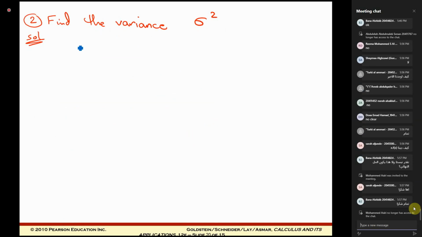To find the variance, this is equal to E of X square minus E of X all square. This is the formula for the variance. E of X is already computed. This is equal to 11 over 6.